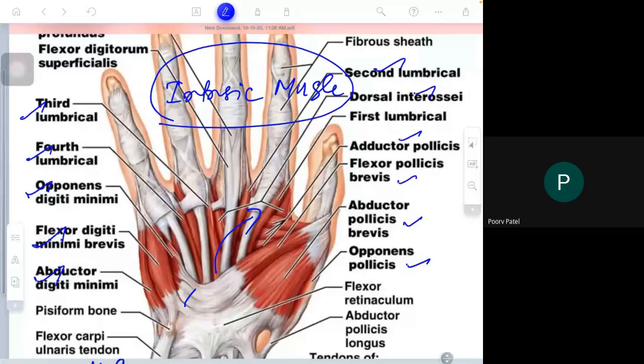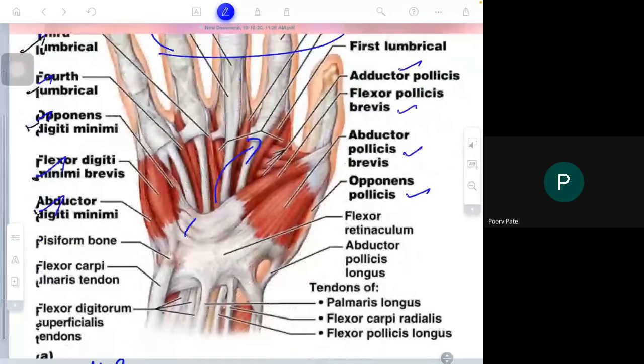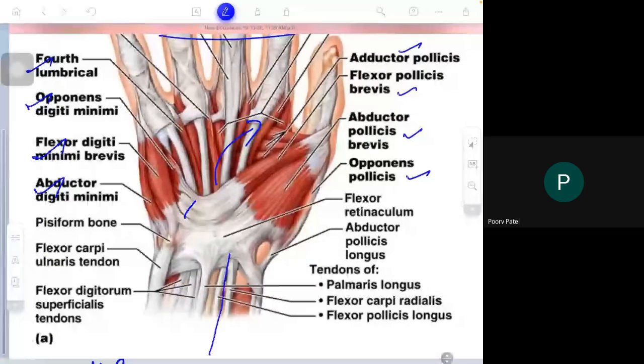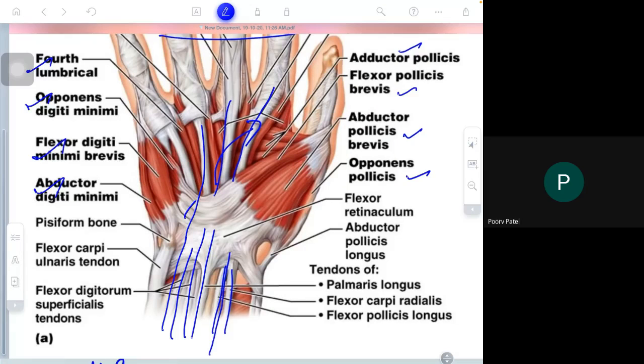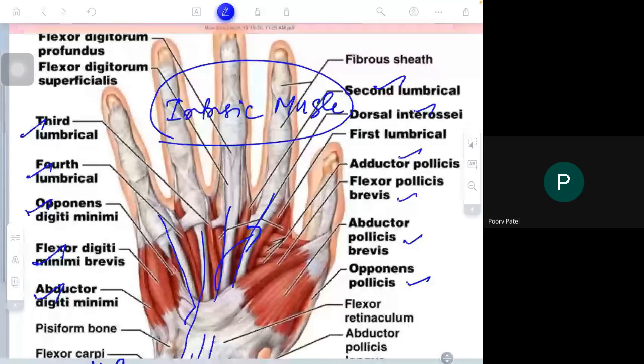What is extrinsic? Extrinsic muscles come from outside the hand, these tendons you see, and they get inserted within the hand. Here one muscle is inserted and another muscle is inserted here. That is FDP and FDS. So FDP and FDS are called extrinsic muscles.